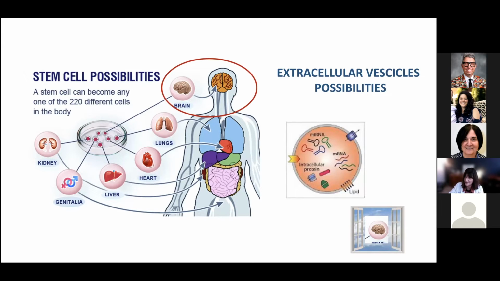And so in our case, we convert them from your stem cells into your motor neuron or into your mini brain. And the extracellular vesicles, which contain protein, RNA, and everything else that is really specific for the brain, really represent the window into your progression of the disease.